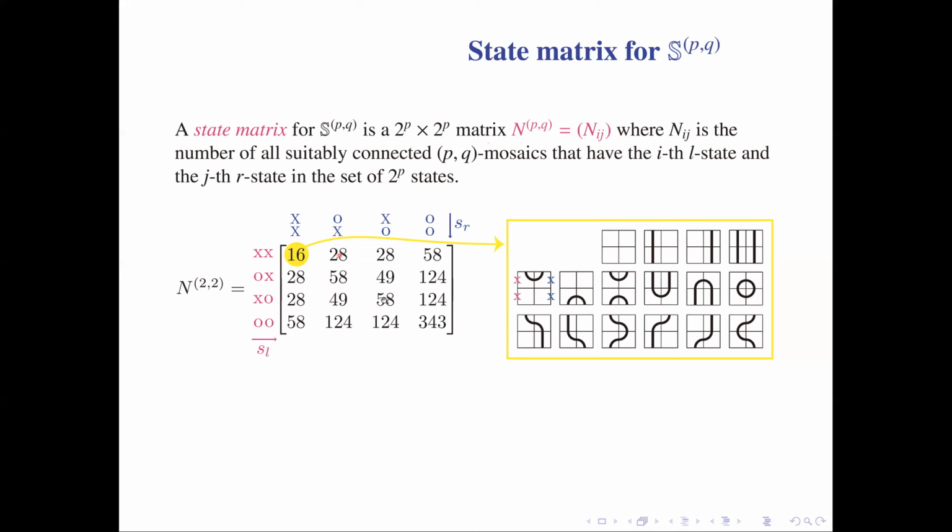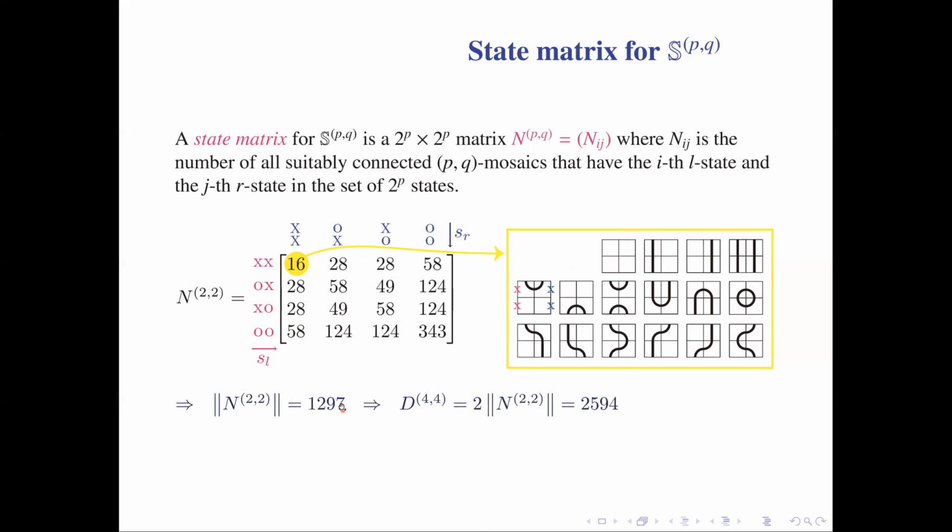Then the sum of all entries of N_22 is 1297. Therefore, we have the total number of all knot 4 by 4 mosaics, T_44, which is 2594. So T_44 is given by 2 times this value, by the twofold rule.